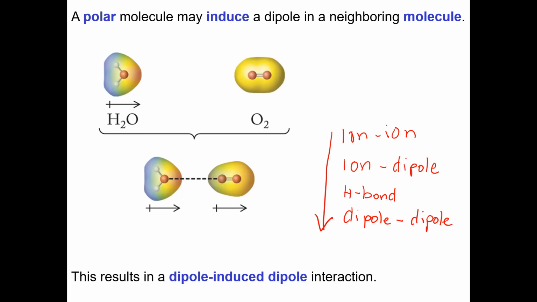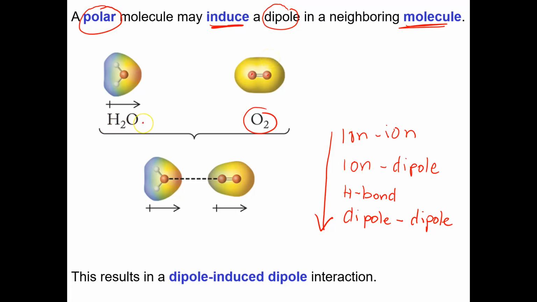However, it is observed that a polar molecule can induce or create a dipole in a neighboring nonpolar molecule. A good example of a nonpolar molecule would be oxygen, O2, where we have two oxygen atoms connected via a double bond. The two oxygen nuclei are surrounded by a cloud of electrons.